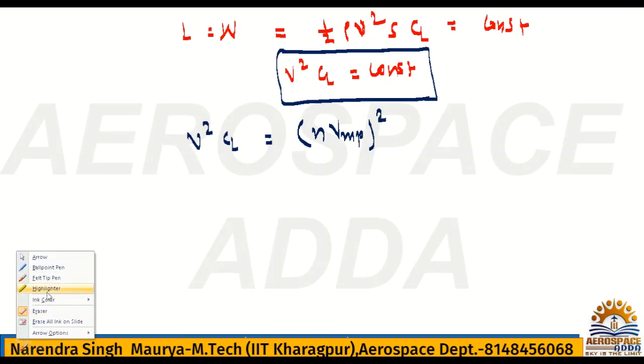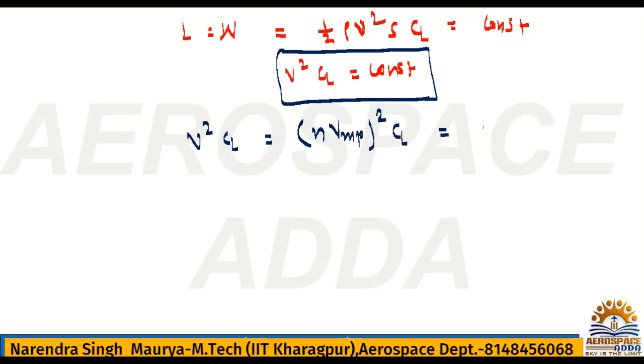Instead of V you are writing n times Vmp, and this is as usual CL, and this is equal to Vmp square into CL, because two conditions we are taking. So V is equal to n times Vmp whole square into CL, and this is nothing but Vmp square CLMP.